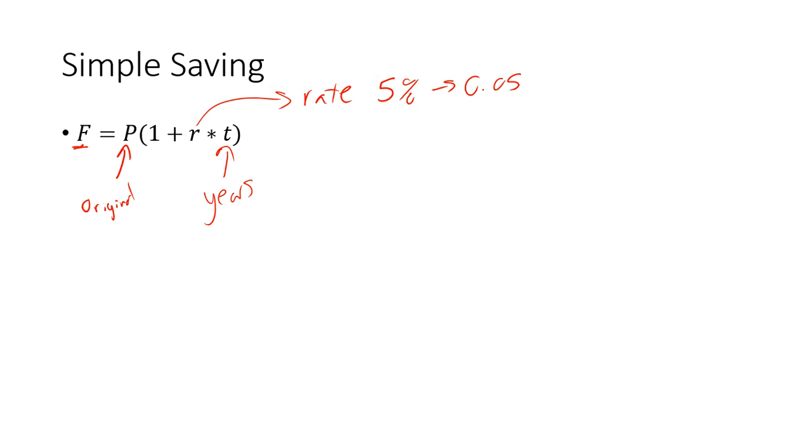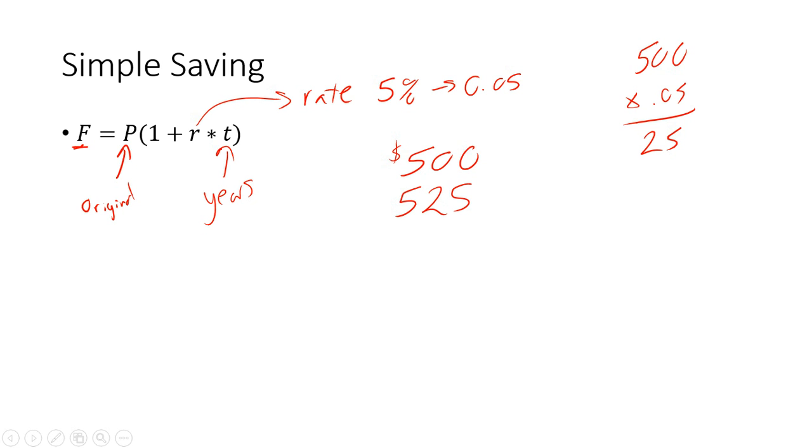And so let's say we have $500 that we've invested in a bank, and it's 5% and it's simple interest. After the first year, they're going to add 5% of $500 into our account. So you would take 500, multiply it by 0.05, and that gets you 25. So they would add 25, so you would end up having 525.